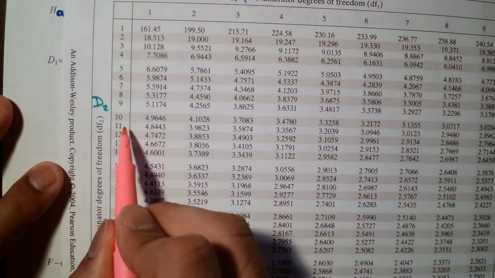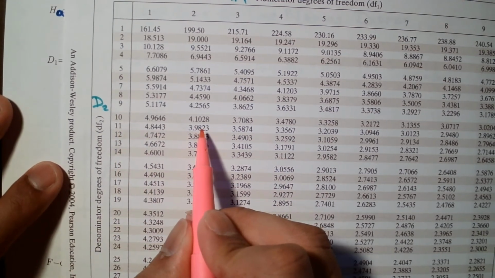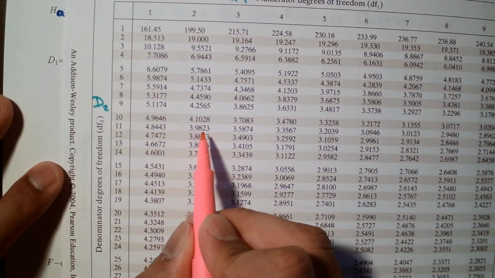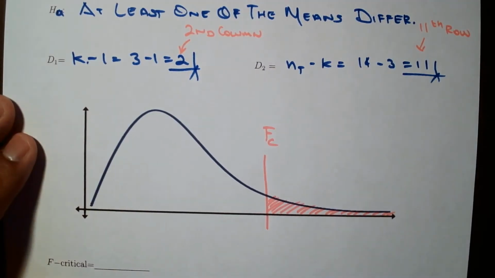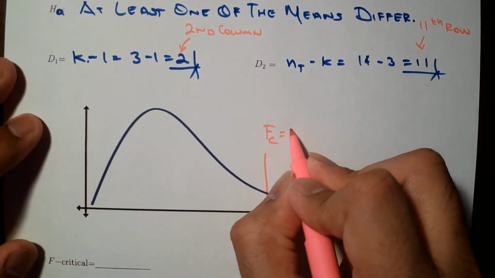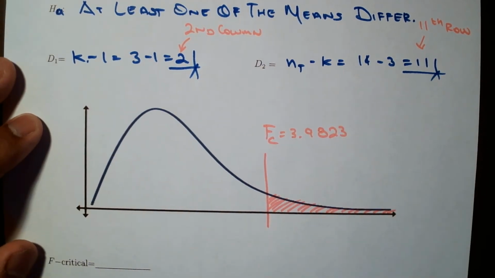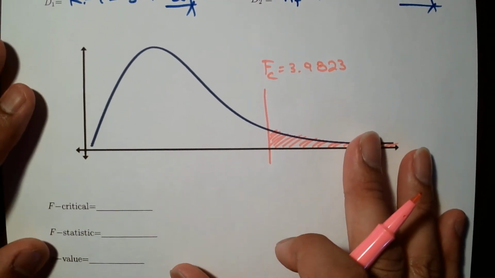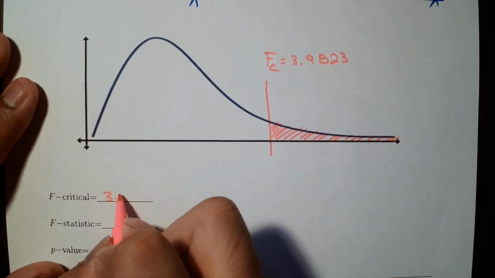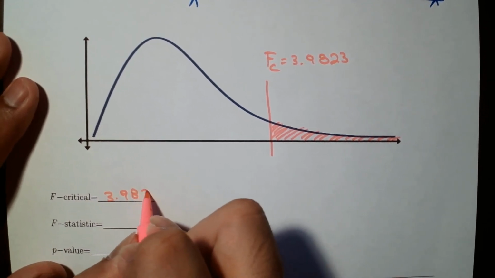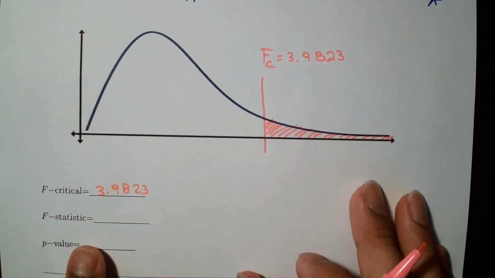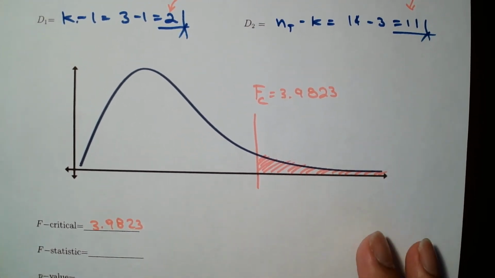All right, 11th row, second column, our critical value is 3.9823. And let's write it down over here, F critical 3.9823.